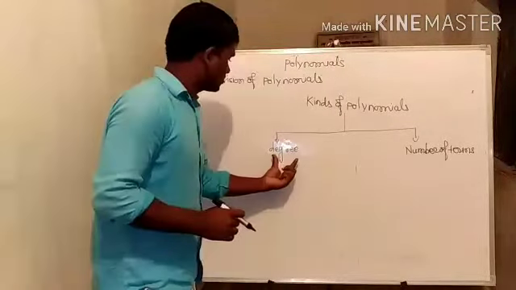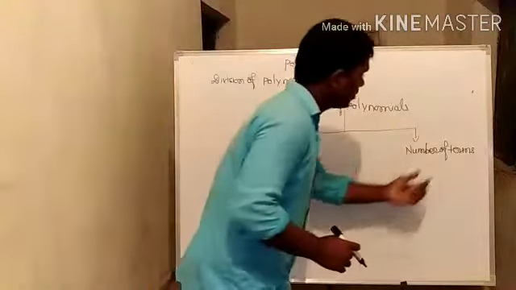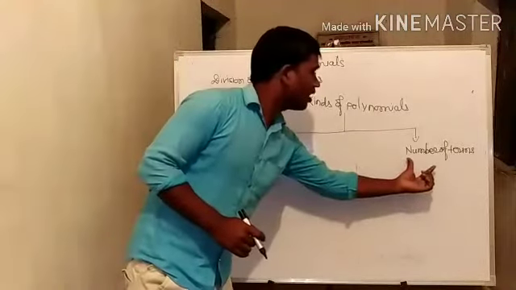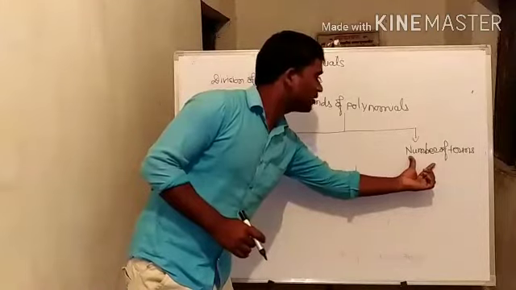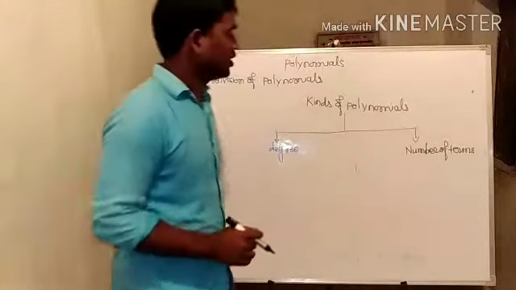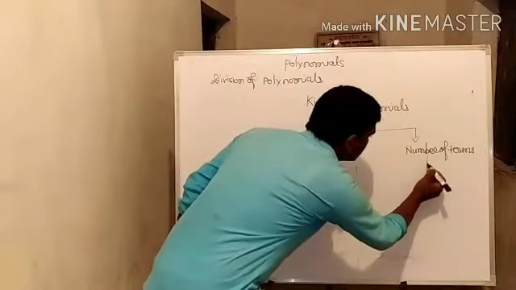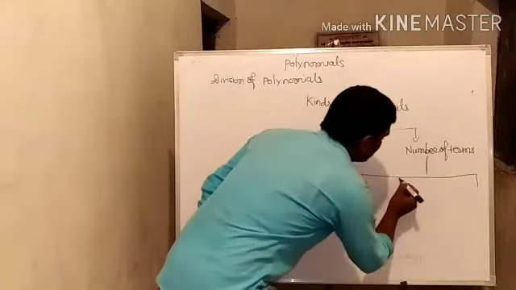First of all, we see the kinds of polynomials according to number of terms. There are four kinds of polynomials.